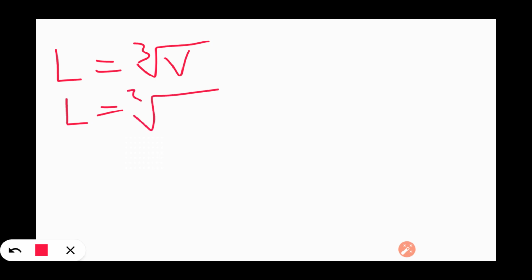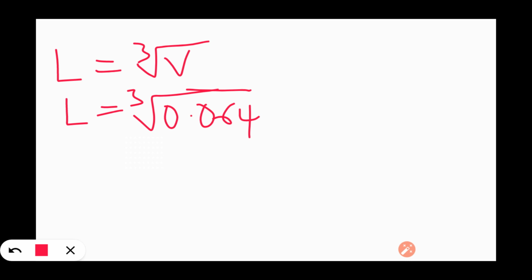My formula is length is equal to the cube root of the what? Volume. Good. And what is my volume? L will be equal to the cube root of 0.064. Good.